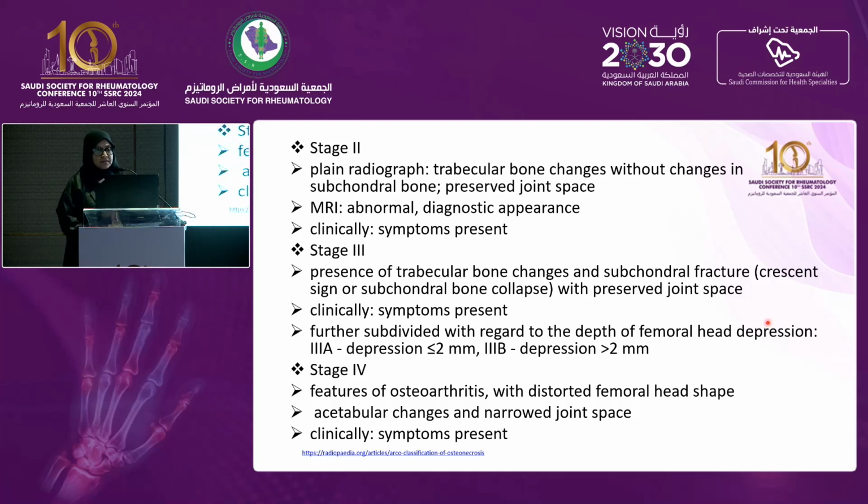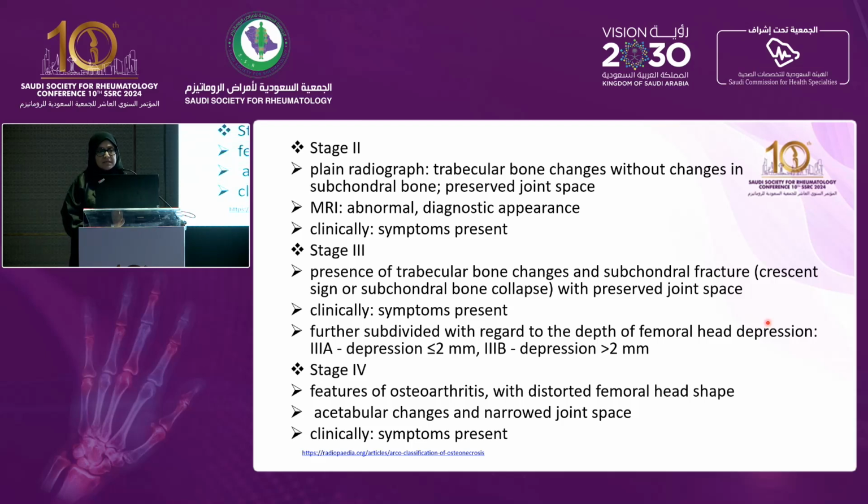Stage 3 is the presence of trabecular bone changes and subchondral fractures, which we call the crescent sign or subchondral bone collapse, with the preserved joint space. Clinically, the patient has symptoms, pain, and restriction of movement.